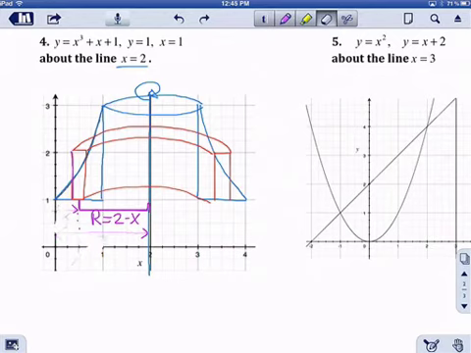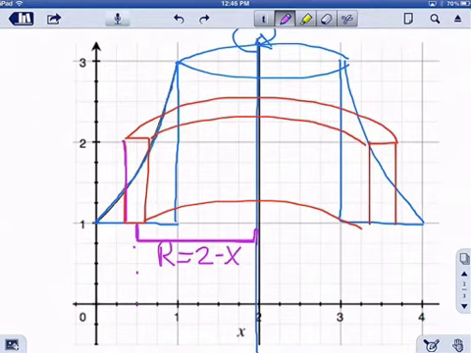Okay, so now we have our radius. I'm going to clean this out so we can see. Next we want to find the altitude, or the height, of this rectangle right here. We know that this height is our function, which was x cubed plus x plus 1, and that is going to be the height all the way down to the x-axis.